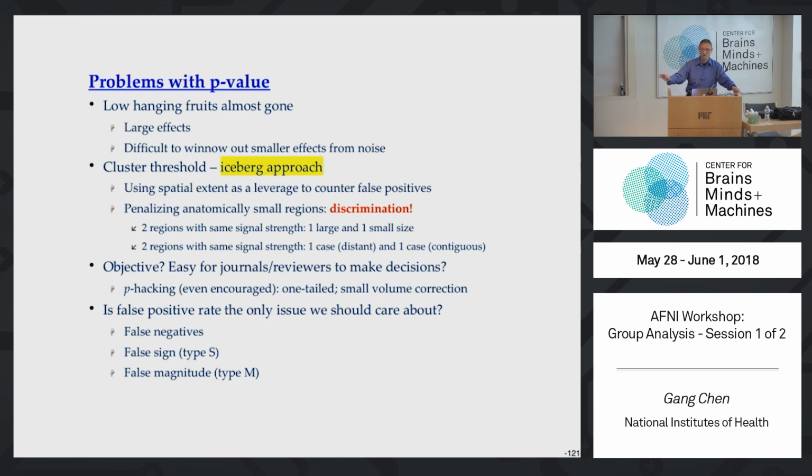For one voxel, life is easy, but for the whole brain we usually have, for example, 200,000 voxels. The approach is so-called clustering, based on the spatial extent, how big or small the cluster is.